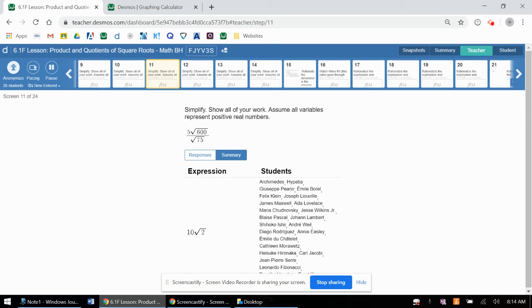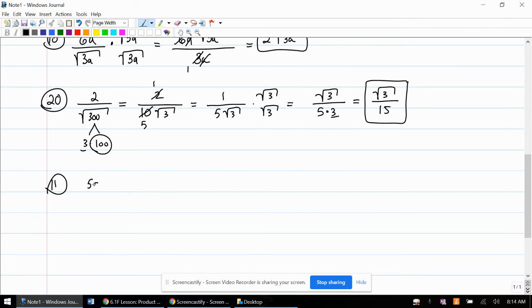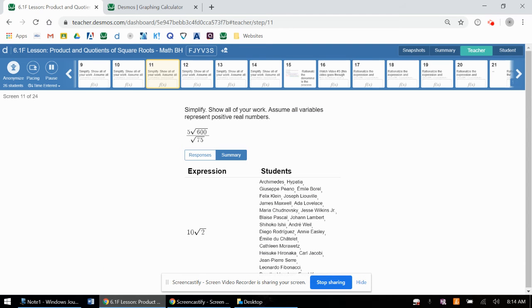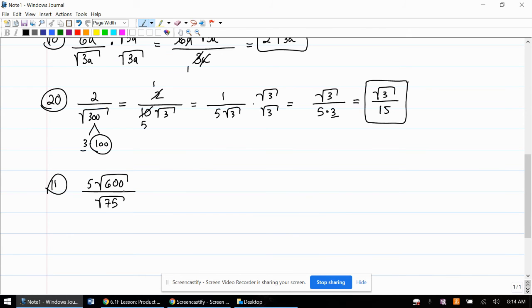5 root 600 over, is it root 75? Cool. Okay, so first off, I notice I could simplify each one. It would be a horrible idea. I could start by rationalizing.